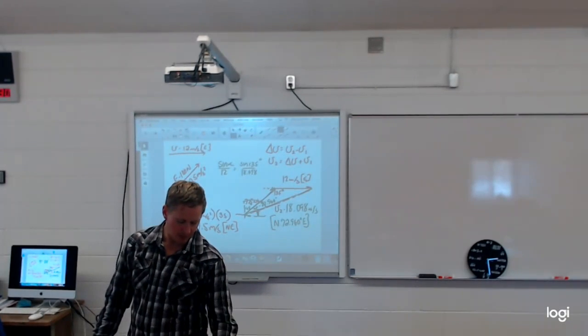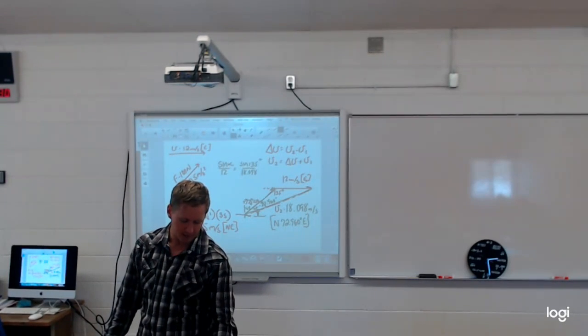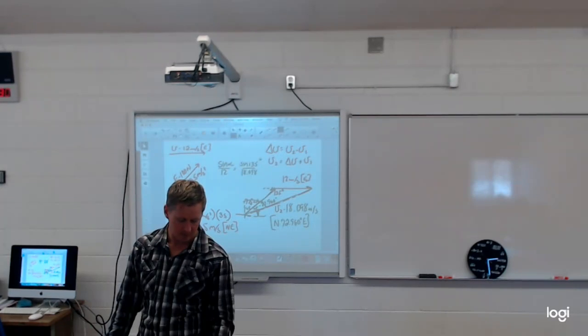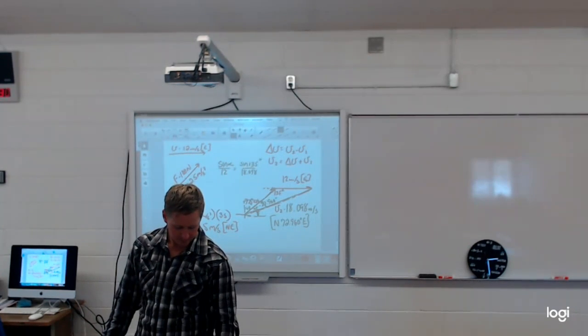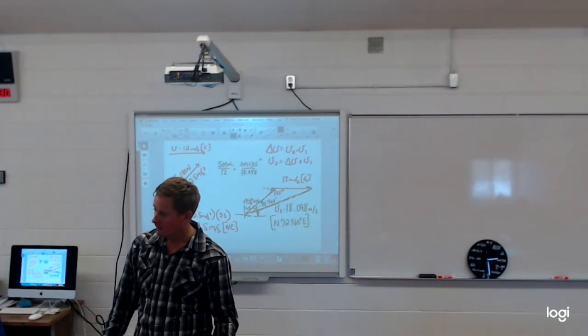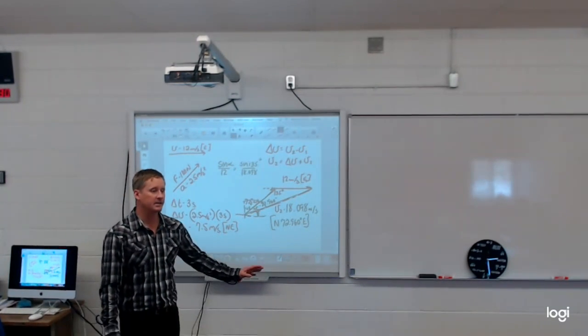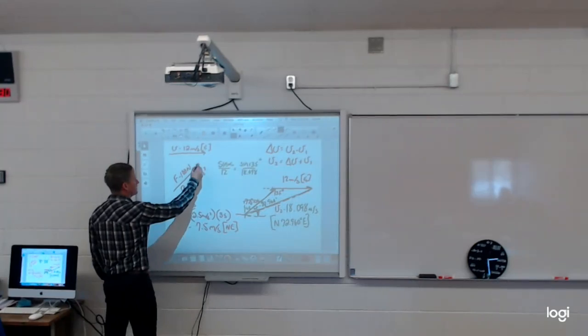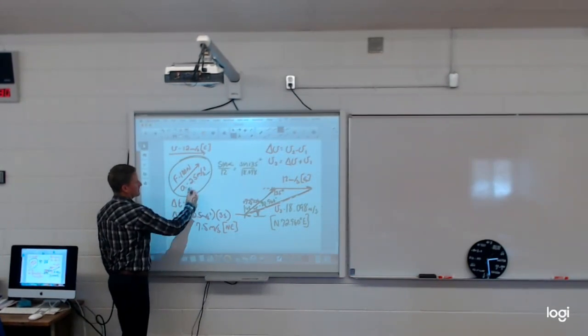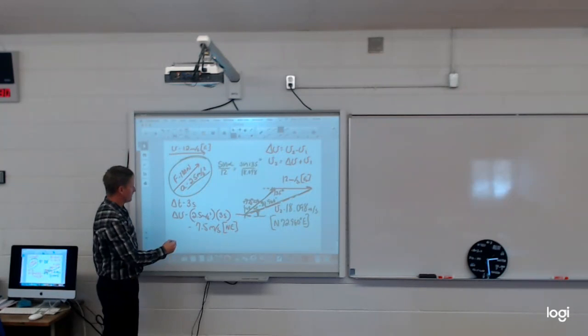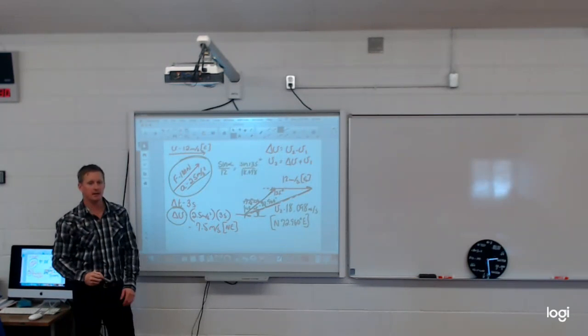Now that's probably the most complicated question you'll see in this section, to be honest with you. We okay with this? It's the same thing again. The only thing I had to do different is I had to start with the force to get the acceleration, and from the acceleration I could get my change in velocity.